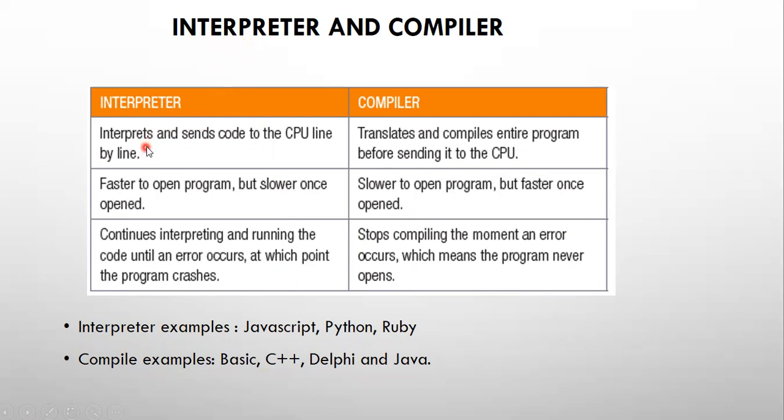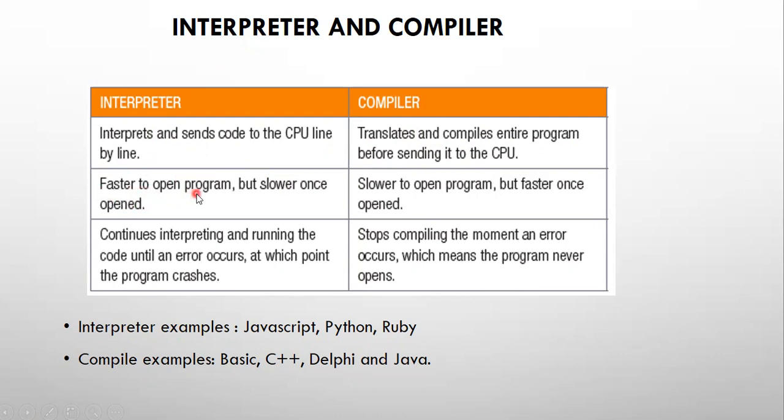Your interpreter interprets and sends code to the CPU line by line. The compiler translates and compiles an entire program before sending it to the CPU. So a compiler compiles an entire program, and the interpreter works line by line.